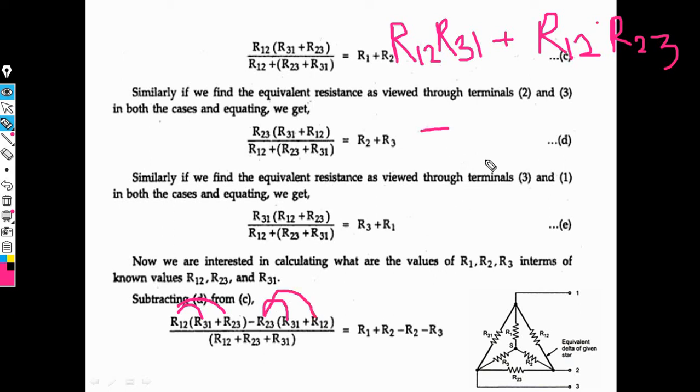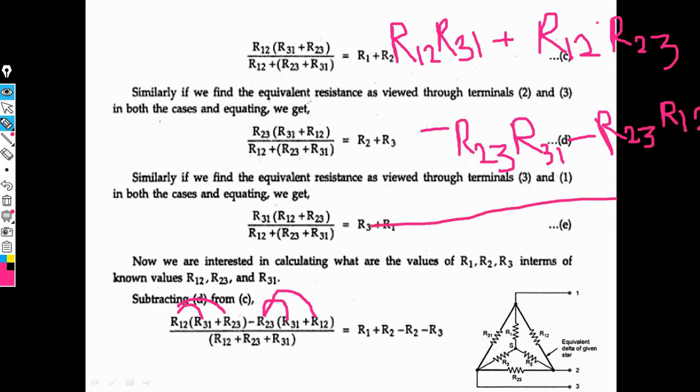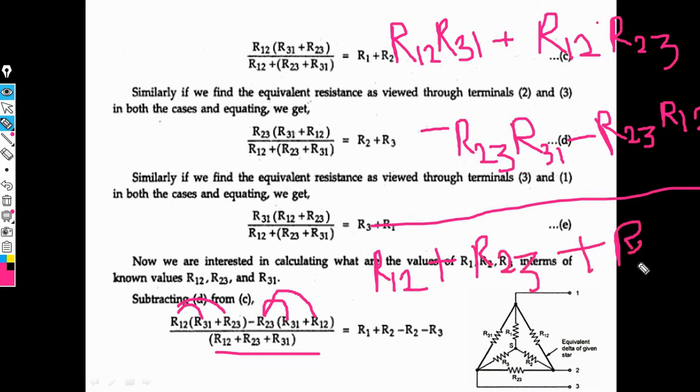Then minus R23 R31, minus R23 R12, upon R12 plus R23 plus R31.